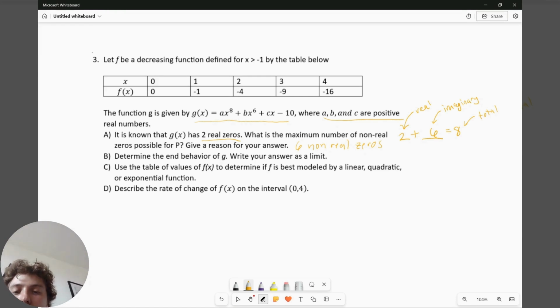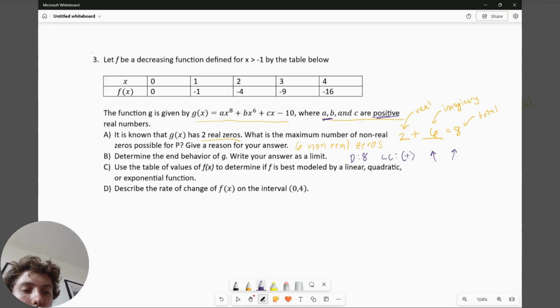Part B says determine the end behaviors of g. Write your answer as a limit. Well, we know that this polynomial is 8th degree. I also know that the leading coefficient is positive because it says a is positive. So that would tell me that both ends go up for our polynomial here.